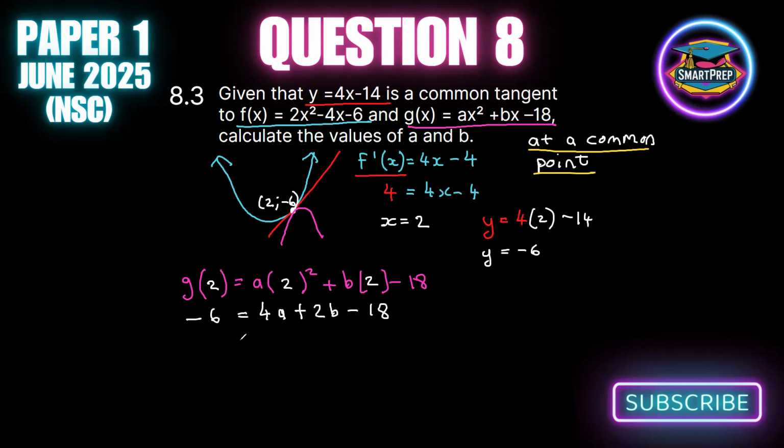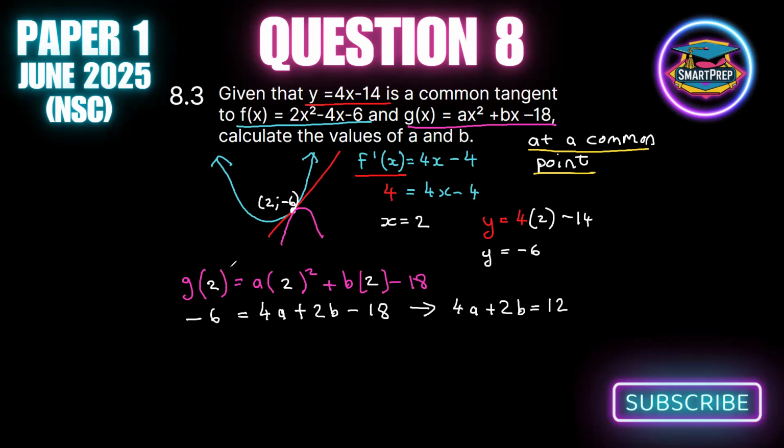Okay, so 4a plus 2b equals, did I say 6? It's because in my head I was dividing it by 2, right? So if you got 2a plus b equals 6, that's also fine.